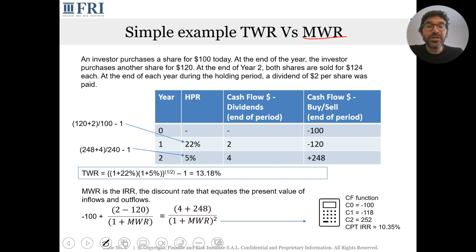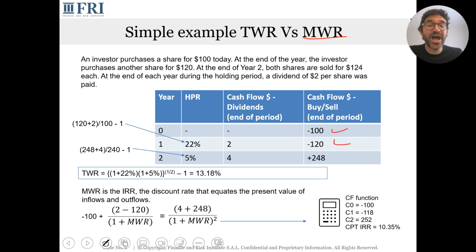So back to the year 0, which is the beginning of year 1, there is an outflow of negative 100. This is where we bought the stock for $100. Now please remember, at the end of year 1, we decided to buy an additional stock. So we bought an additional stock for 120.